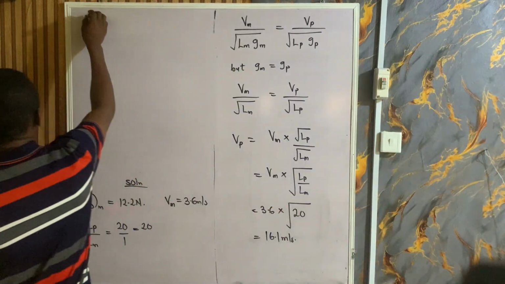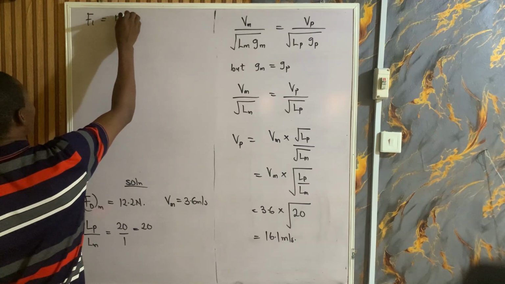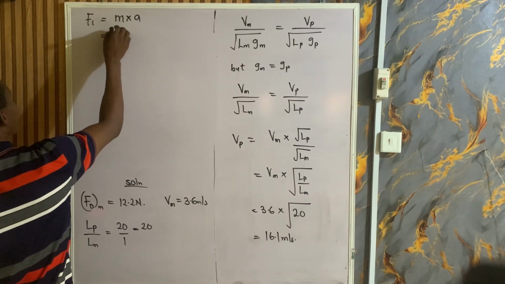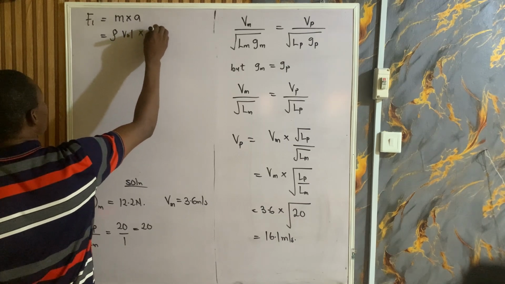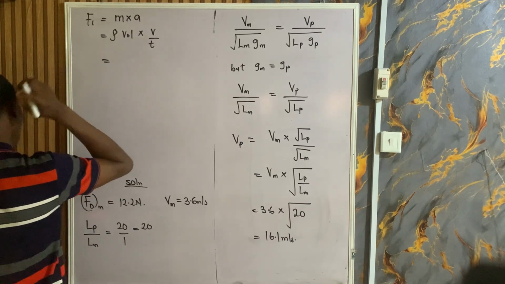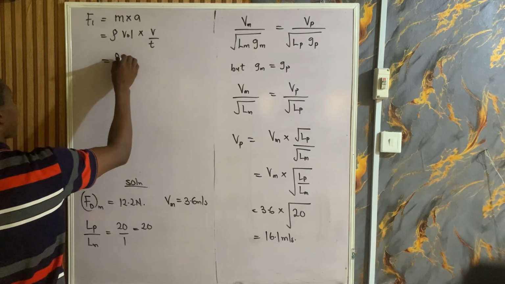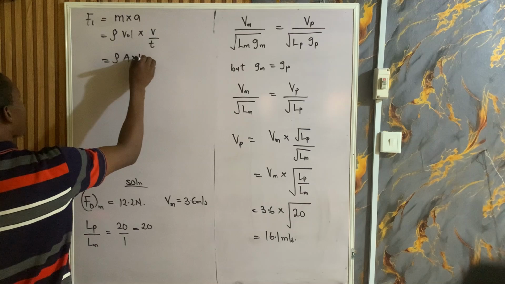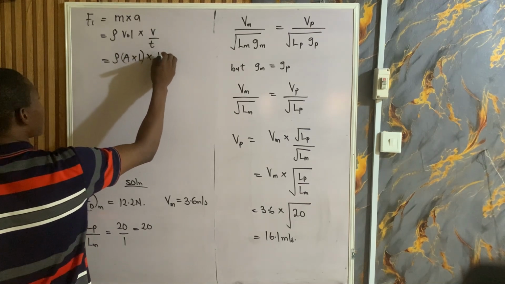So we have it that the inertial force is simply mass times acceleration. This can be density times volume times velocity over time. We've done this in our dimensional analysis where we were getting those dimensionless numbers. This is density times area times length, because volume is area times length, times velocity over time.